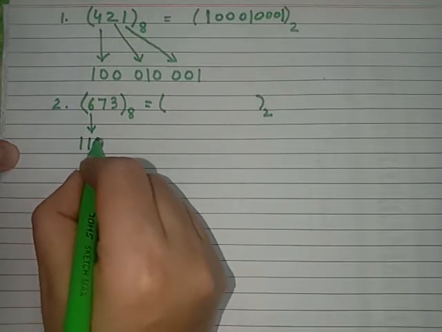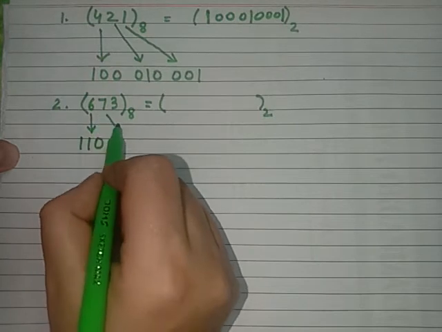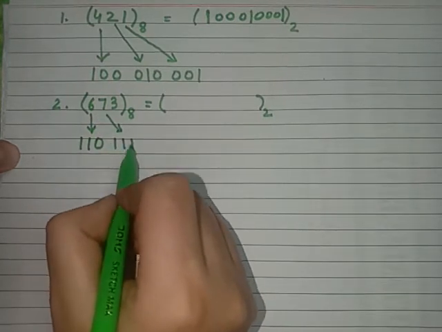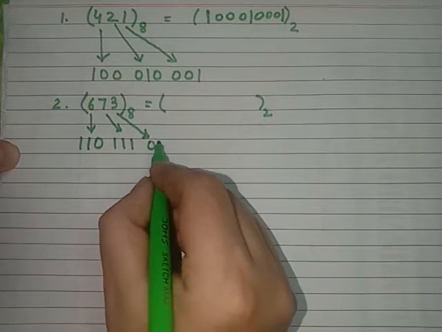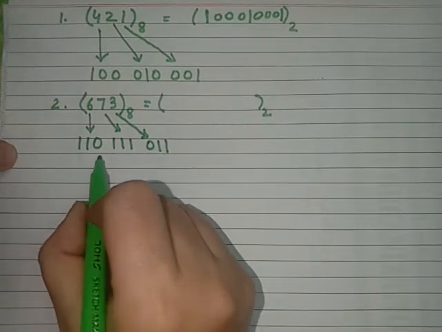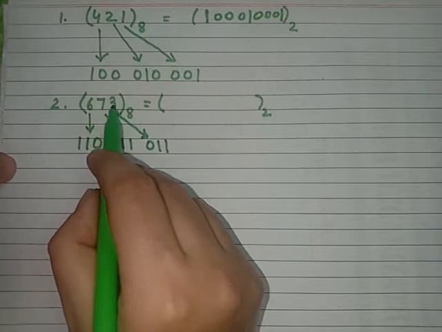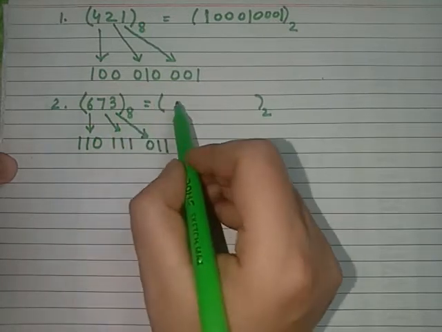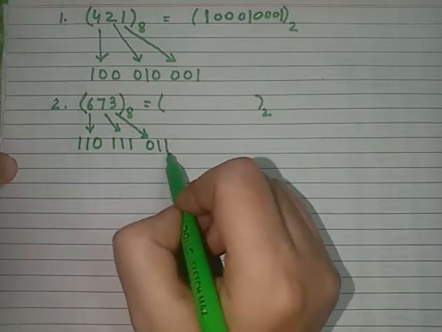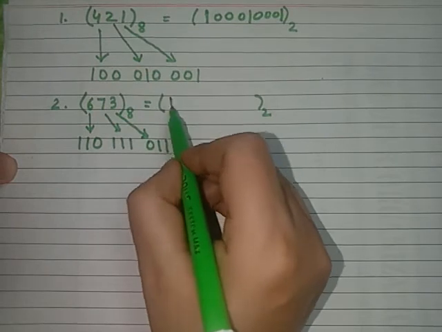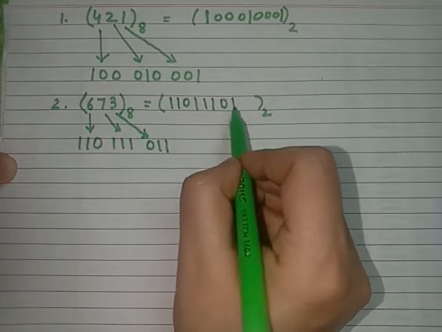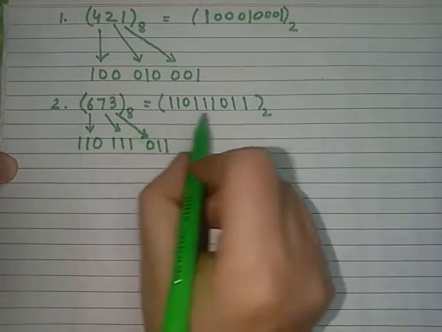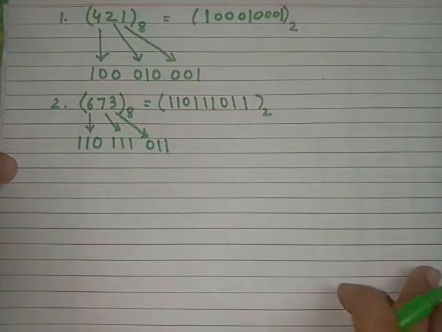The code for the 7 is 111. The code for the 3 in binary is 011. So 673 in the octal number system is equal to 110 111 011 in the binary number system.